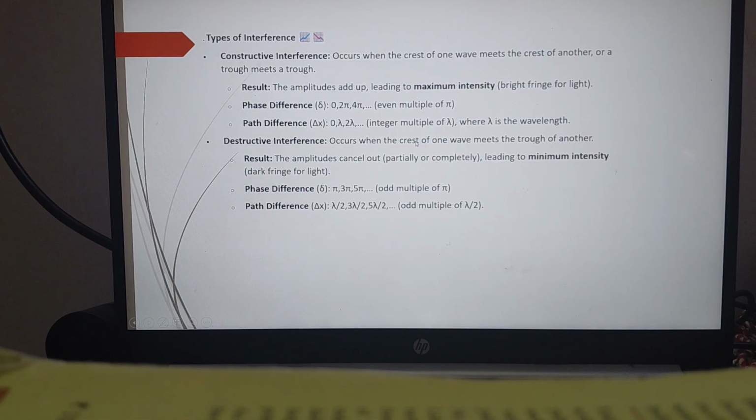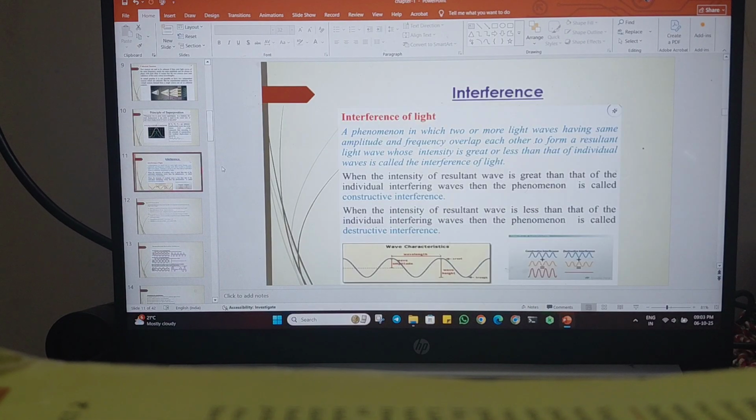Constructive interference occurs when the crest of one wave meets the crest of another wave. We already saw in the diagram the crest of one wave and the crest of another wave traveling together.